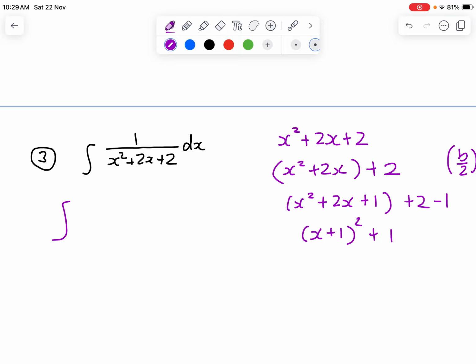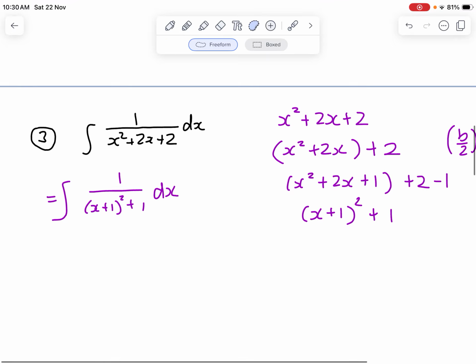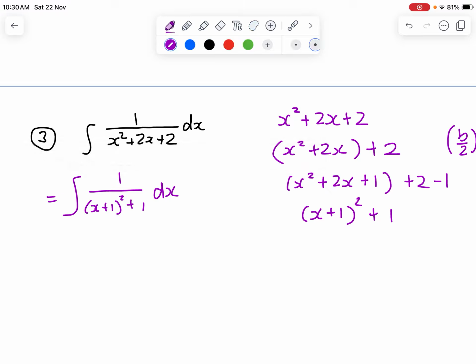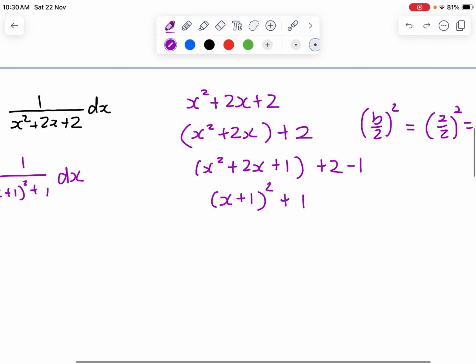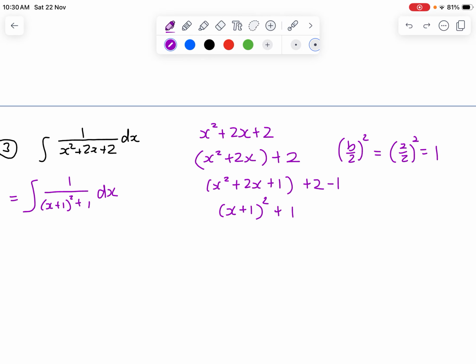And now, putting it back in, we have x plus 1 squared plus 1 dx. So when it comes to this now that we have this, you'll see why we completed the square. Notice that this is very similar to the integral of 1 over x squared plus 1.